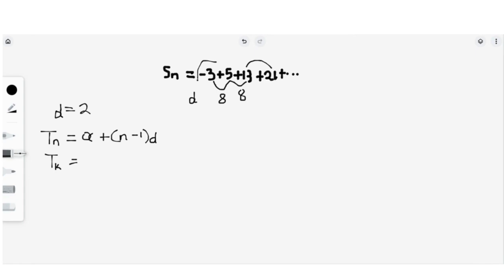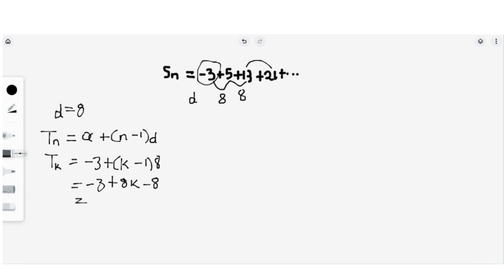Our first term is -3, plus (k minus 1), and our constant difference is 8. Okay, we're going to have -3 plus k times 8 will be 8k, and -1 times 8 will be -8.